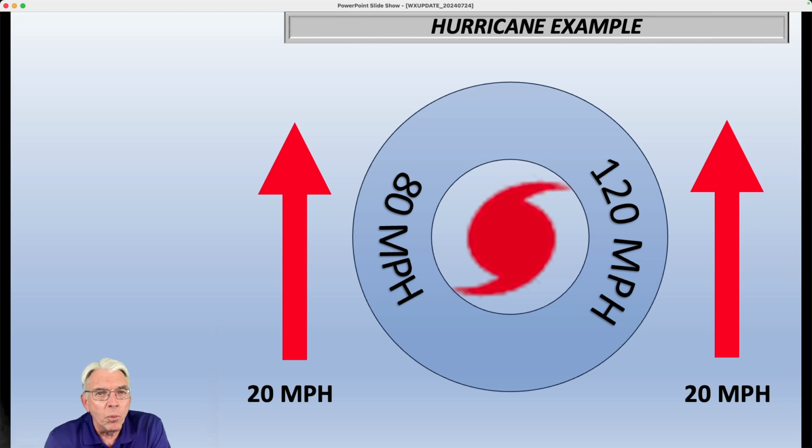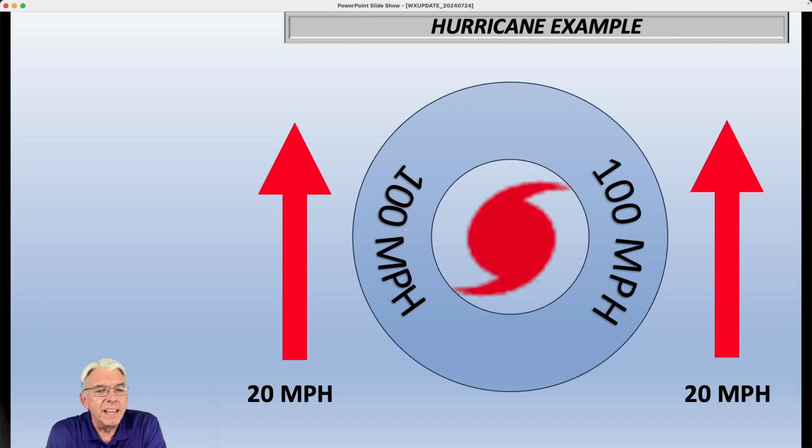So what you end up with is a storm that is generating 100 mile an hour winds on all sides, but because it's embedded in a flow from the south at 20 miles per hour, because these two winds, both the overall motion that it's embedded in and the wind itself, are coming from the same direction, that's going to make the observed wind 120 over here and the observed wind 80 over here, okay?